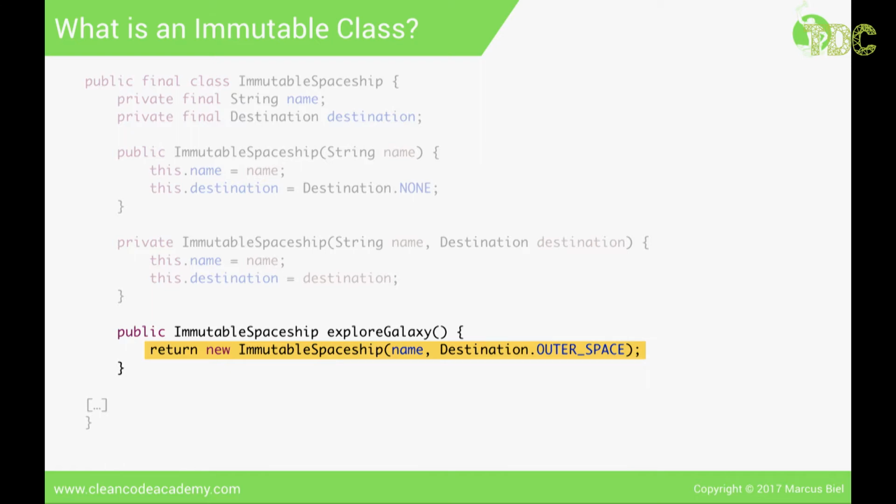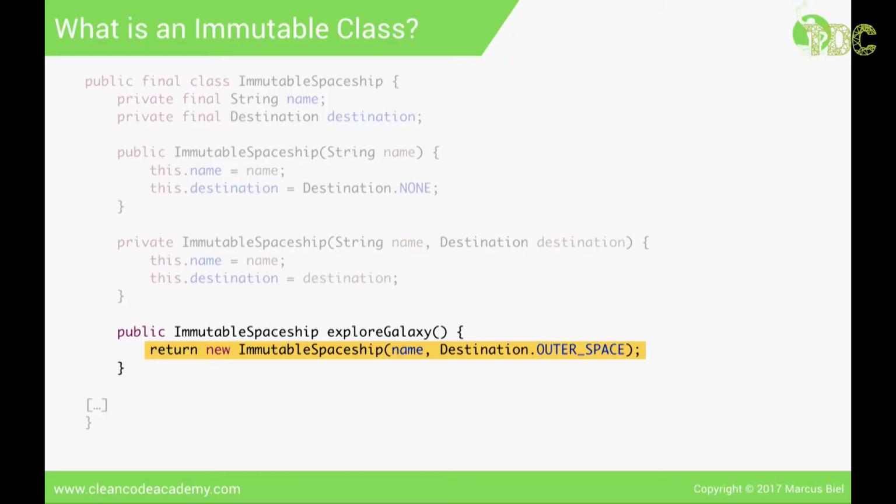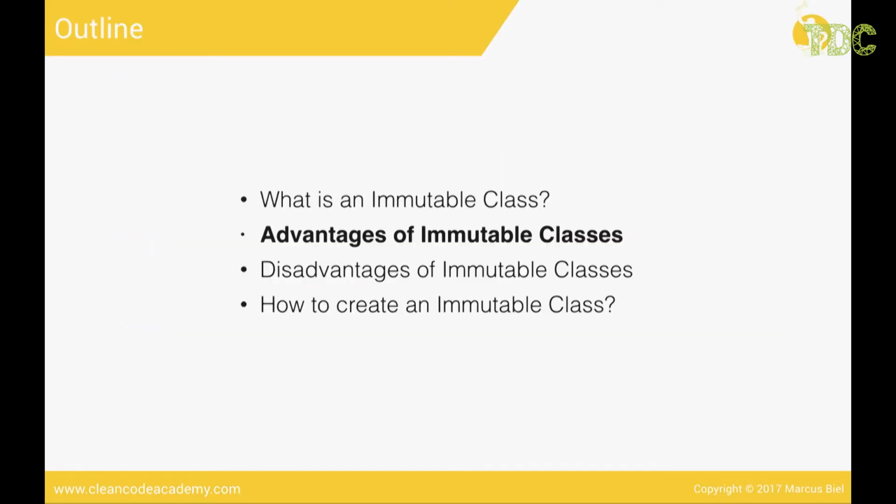Instead of changing the object, you just return a different, new object instead. The first parameter here is name. Well, the Enterprise will still be called Enterprise, so this is not going to change. And assuming we're flying to outer space, we're setting a new destination here. So that, in about 2 minutes, is what an immutable class is.